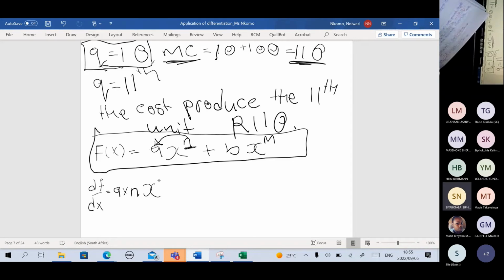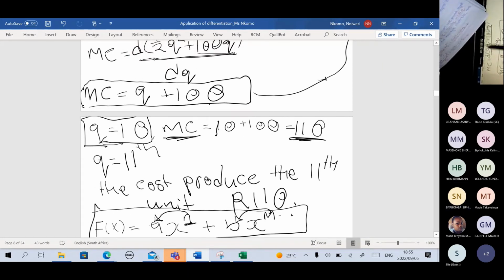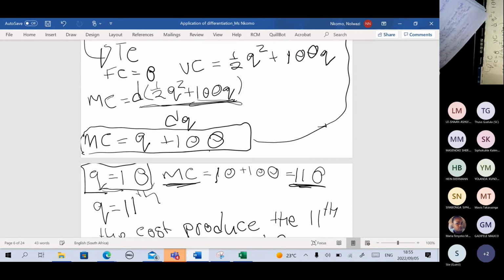So this means we have x to the power n minus 1, plus, again, you take the power, you multiply the coefficient, so we have b times m x to the power, you subtract 1, so it means we have m minus 1, right? Going back to this equation.